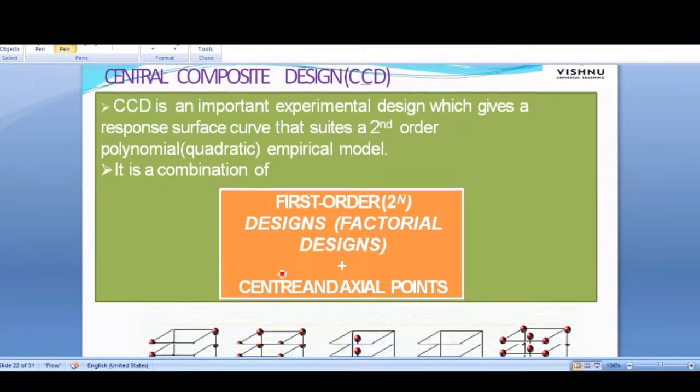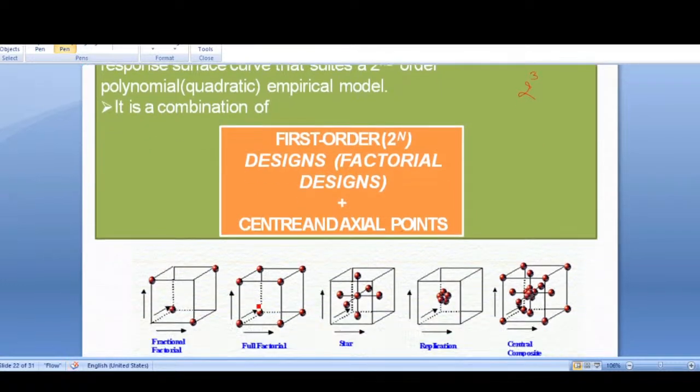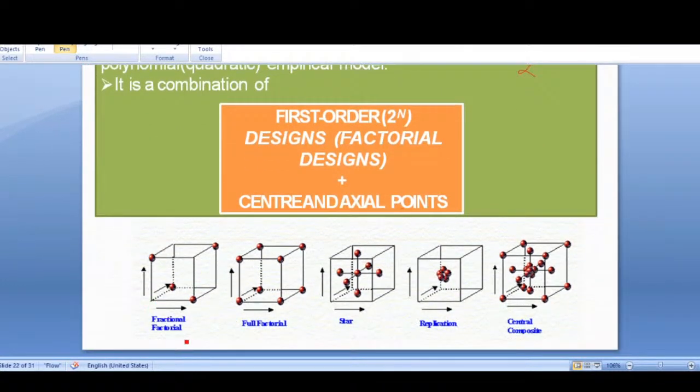You know we have seen the factorial design, 2 square or 2 cube. So it is a combination of the factorial plus the central and axial points. These are the combinations. This diagram shows the combinations of the response graphs.